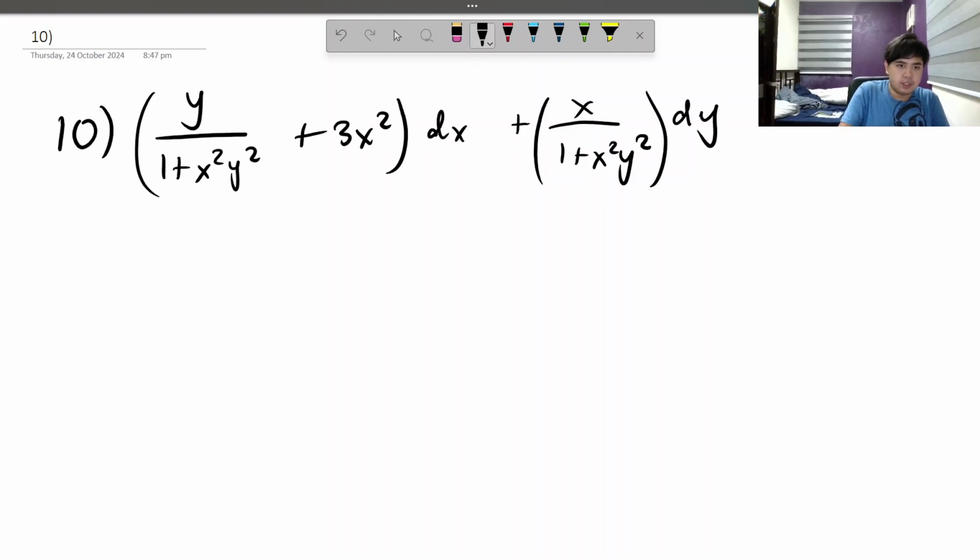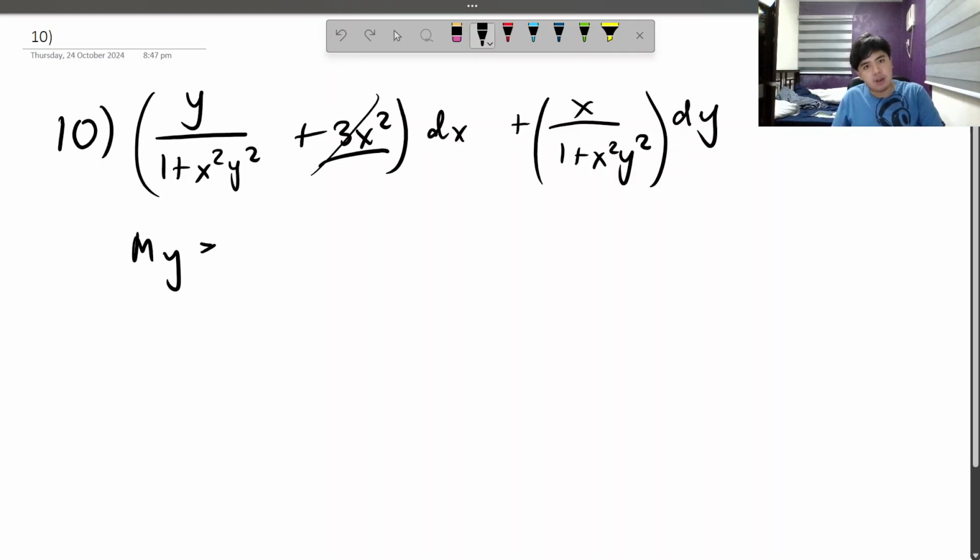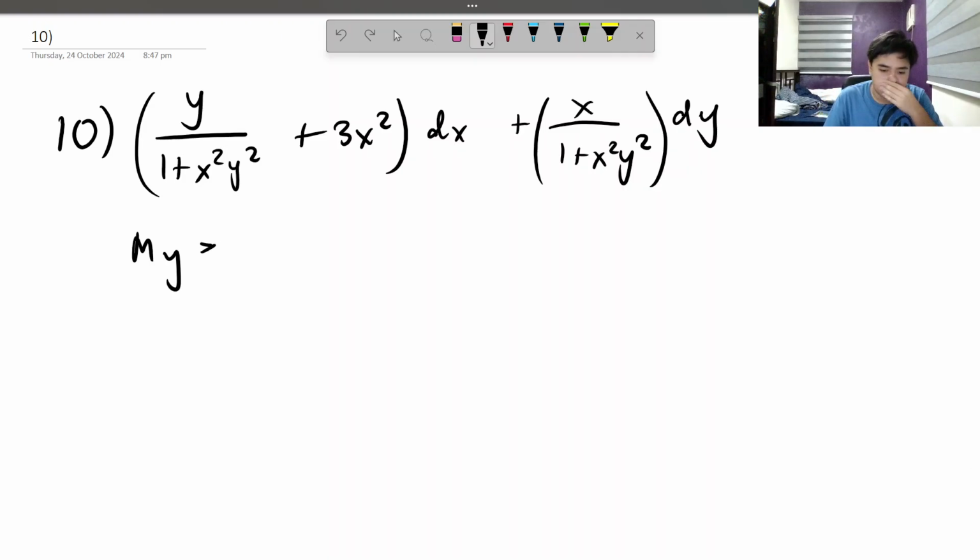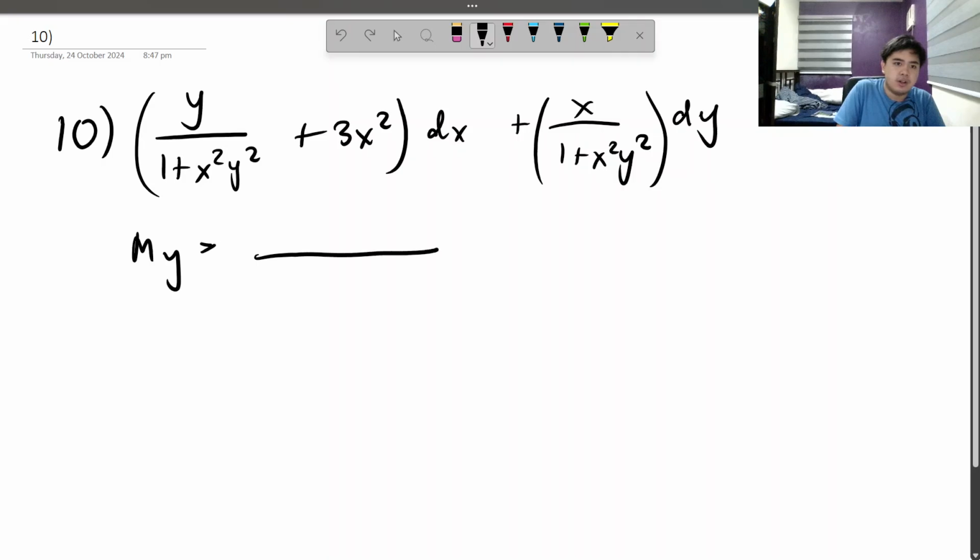So for M, what is its derivative with respect to y? That's kind of difficult. This 3x squared term, well, in the y world, if we're partially differentiating it with respect to y, it's 0, so we can ignore that. What we can't ignore is this big fraction. We can use quotient rule in this one.